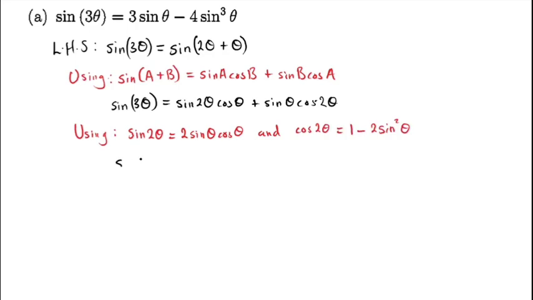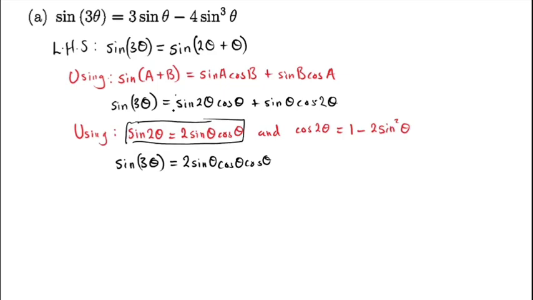So using these two identities, let's substitute. Sine 3 theta is equal to, so I'll replace this with the identity, 2 sine theta cos theta, then cos theta. So we've substituted this part here.